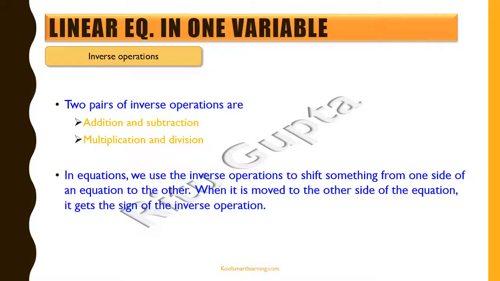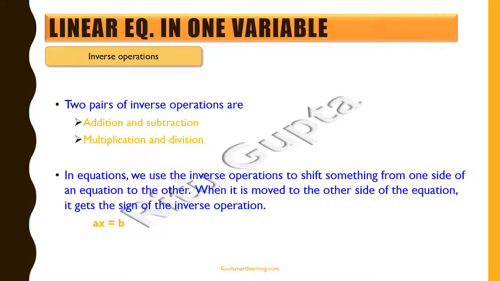And why we say something here is it could be a number, it could be a variable, it could be a term. So when we shift something from one side of the equation to the other side, that means the left hand side to the right hand side or from right hand side to the left hand side, then we use the inverse operations. So when it's moved to the other side of the equation, it gets the sign of the inverse operation.